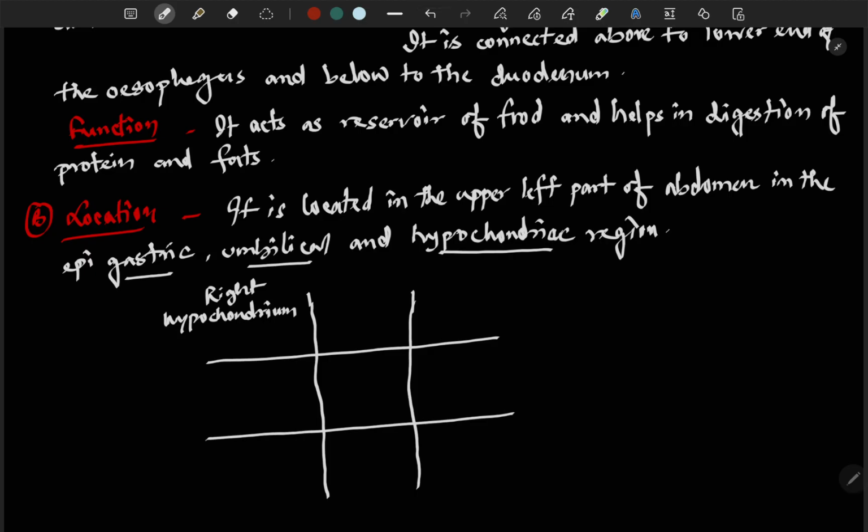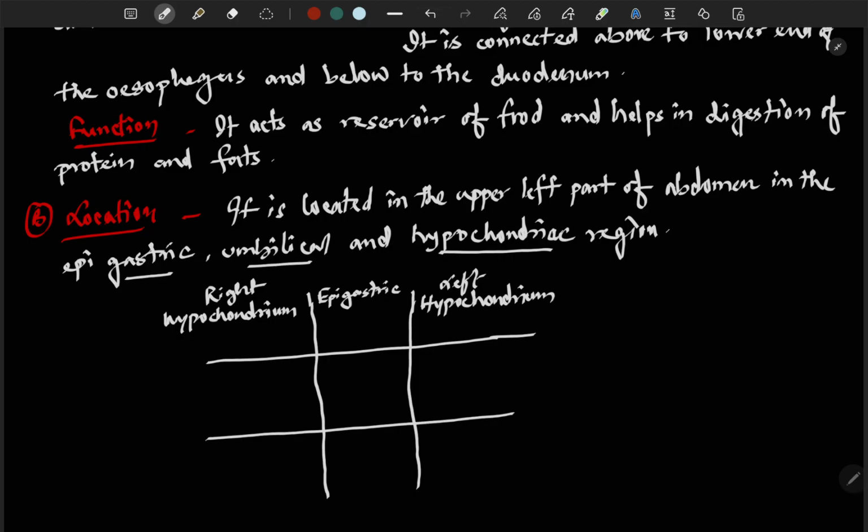Okay, this whole region is a region of the abdomen. Middle portion is the epigastric region. This here is epigastric or epigastrium region. This is the left hypochondrium region.